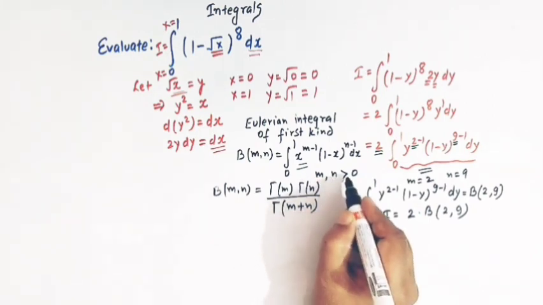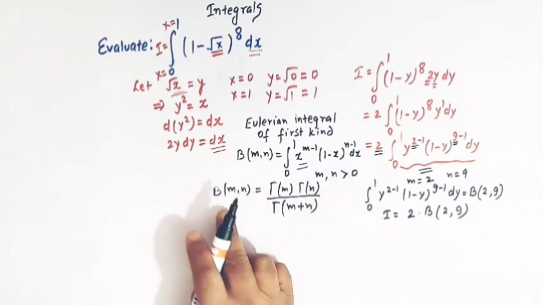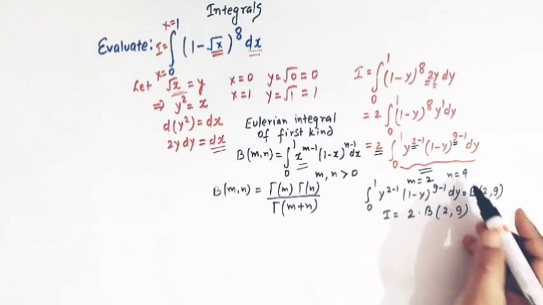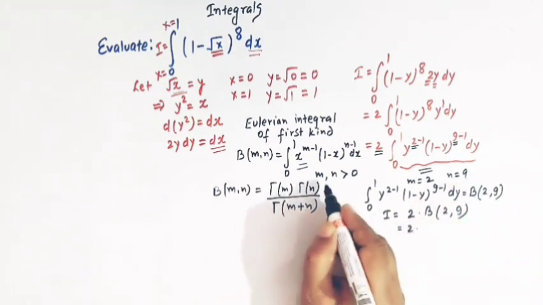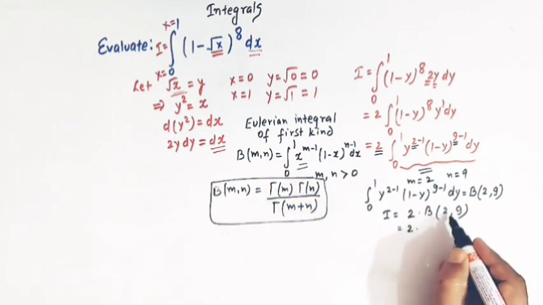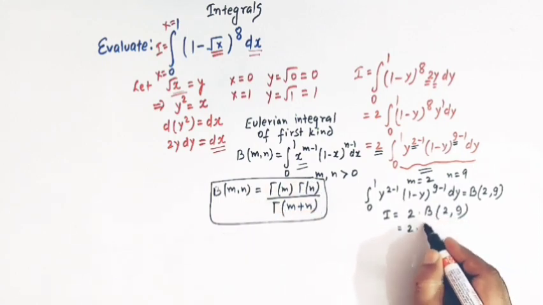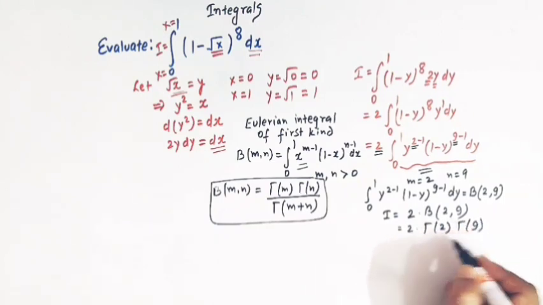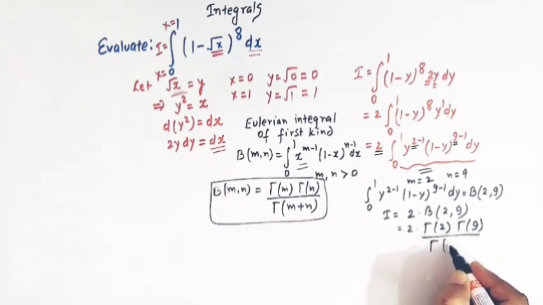Where m and n are greater than 0, right? So here we have m is equal to 2 and n is equal to 9. So using this relation, we can write beta(2, 9) as gamma of 2, gamma of 9, divided by gamma of 2 plus 9, right?